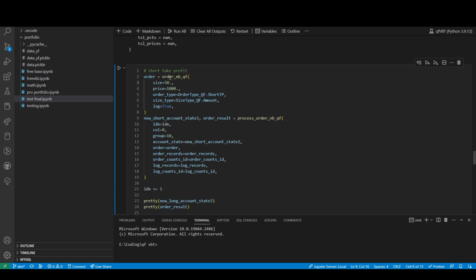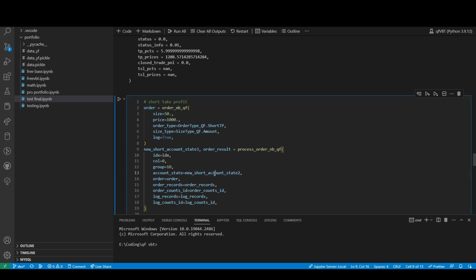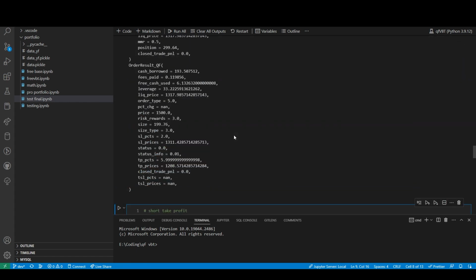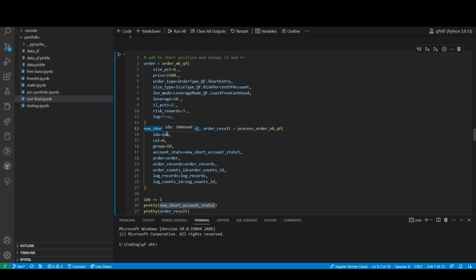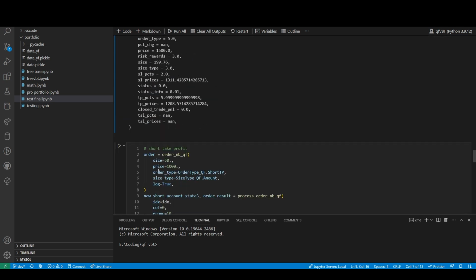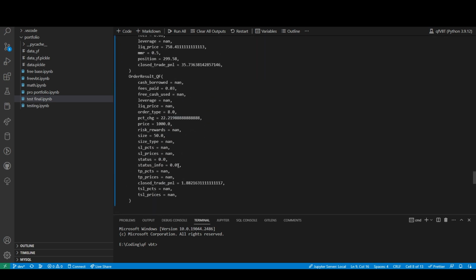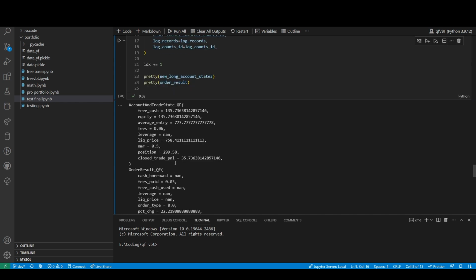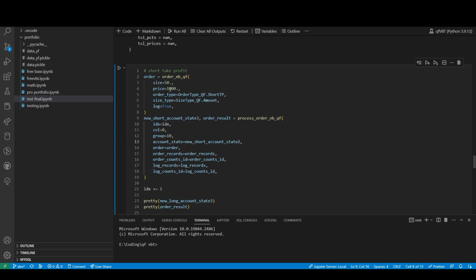So maybe I need to order new state 2, short, new short state 2. The order status is hopefully nothing is wrong, but there is something that's wrong. Let's see.